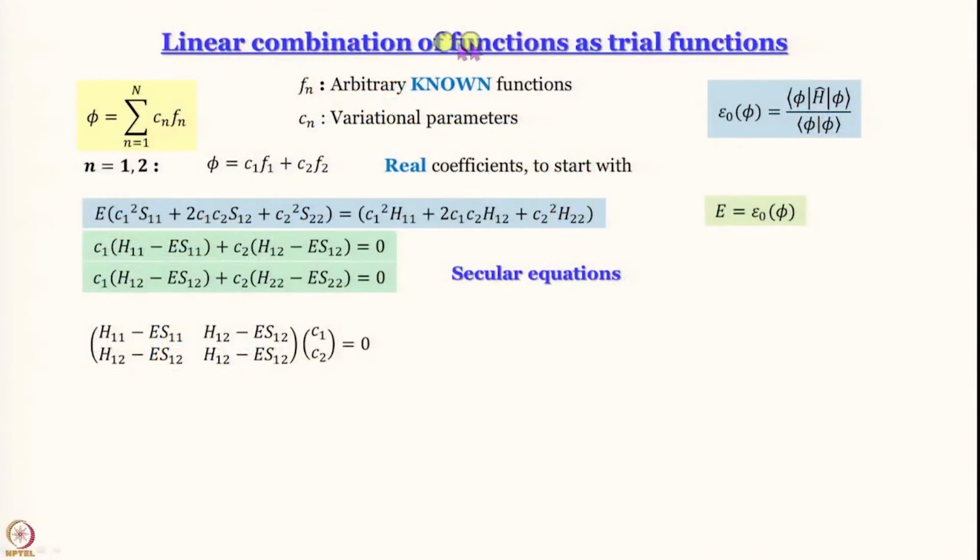We have said that it is possible to express trial functions as linear combinations of other functions. In this case, we are going to work with fixed functions and use the coefficients as the variational parameters. Suppose we are using a lot of Gaussian functions; we are not going to change the full width half maximum or position of the Gaussian functions.